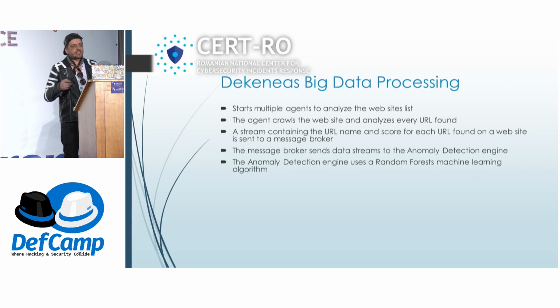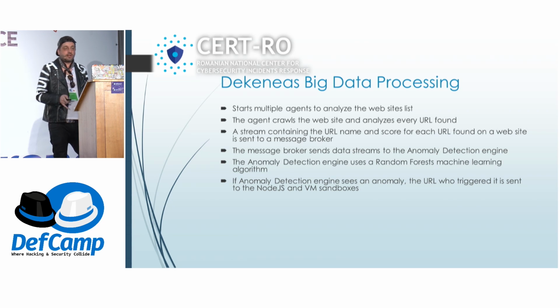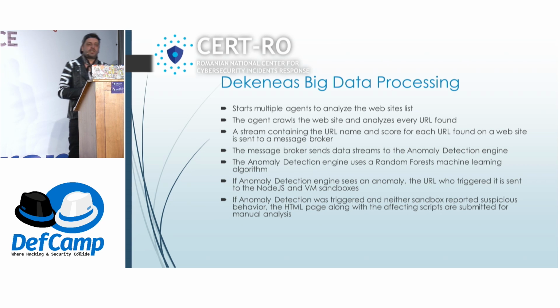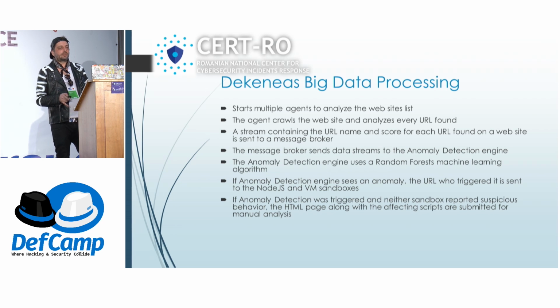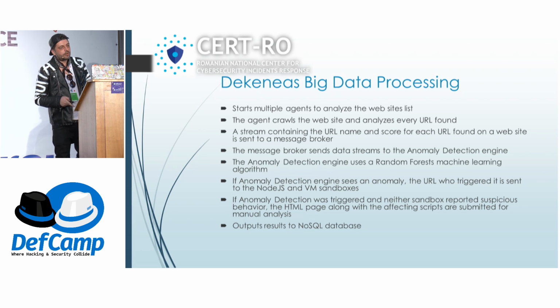The anomaly detection engine uses a random forest machine learning algorithm. If the anomaly detection engine sees an anomaly, the URL that triggered it is sent to the NodeJS and VM sandboxes in parallel. If anomaly detection was triggered and neither sandbox reported suspicious behavior, the HTML page along with the affecting scripts are submitted for manual analysis, because we want no false positives and no false negatives. All the results are output to a NoSQL database.